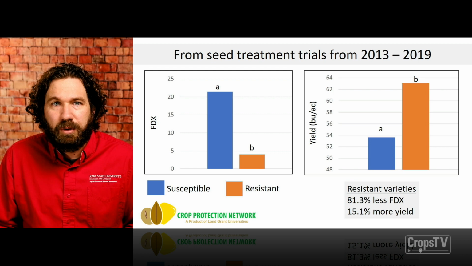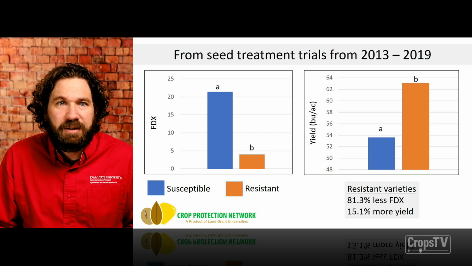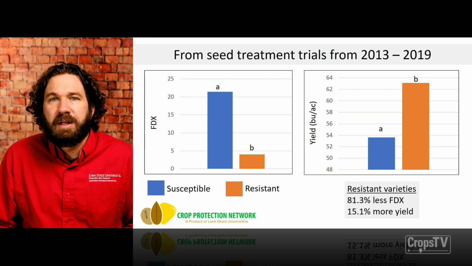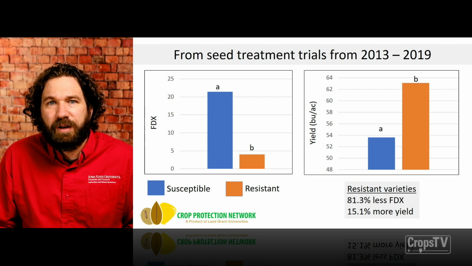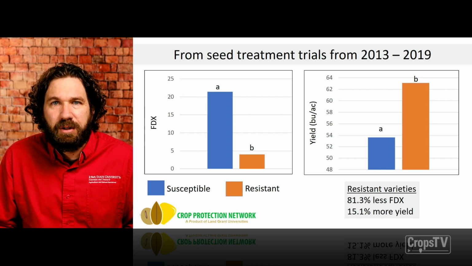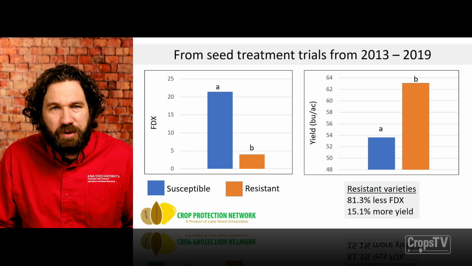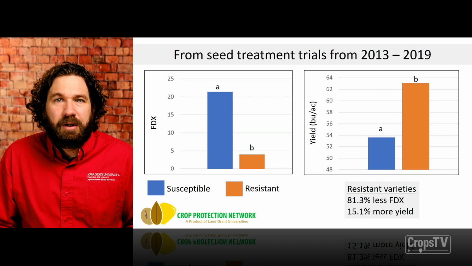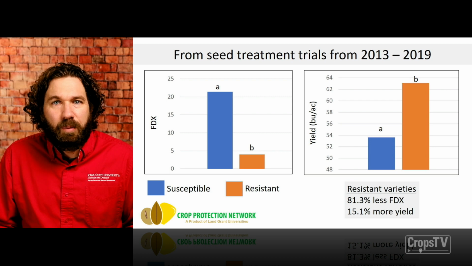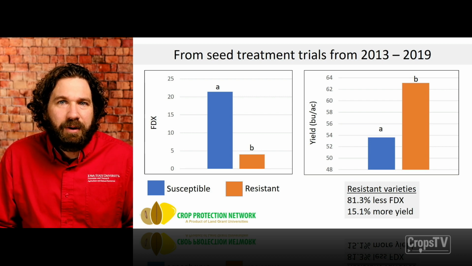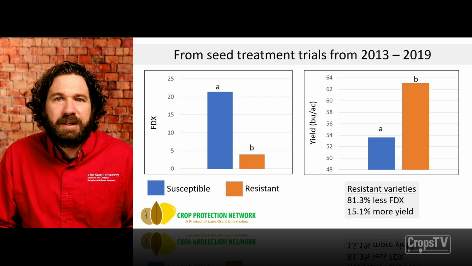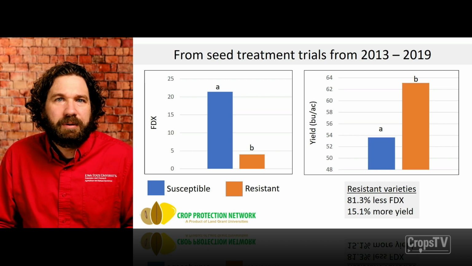It drops from over 20 FDX down to less than 5 FDX. That results in about a 15% increase in yield just using the resistant variety. Again, these plots are irrigated, inoculated, or both, and we're really going after the fields that have a history of a lot of SDS, so it's sort of a worst case scenario for that soybean plant.